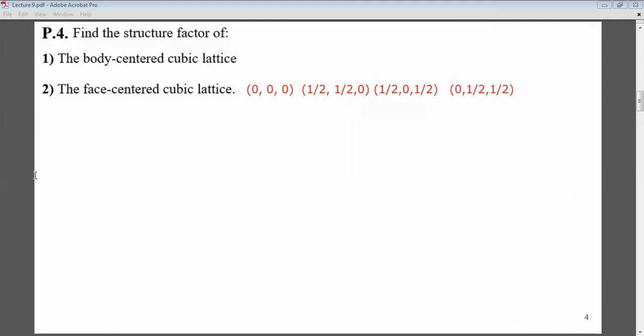So if we come to S, let me just write SG will be F1, or since they are identical, it will be F, exponential e to the minus I 2 pi into 0 plus 0 plus 0.